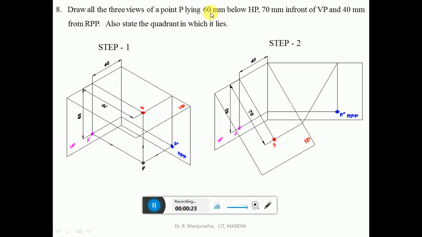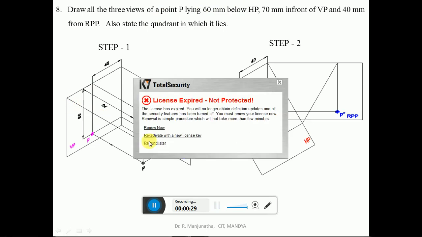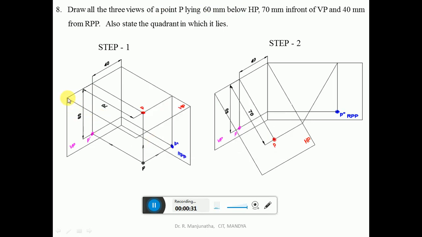A point P lying below HP, so below the HP, the vertical plane will be below the XY line, that is, on the negative side of the Y axis, and 70 mm in front of VP. So from the origin it moves in the positive direction on the X axis, because in front of VP is in HP, so the horizontal plane is the horizontal line.